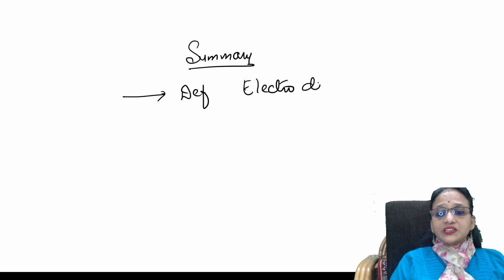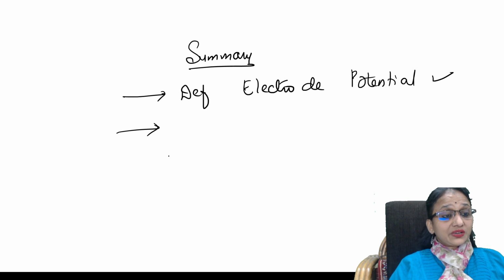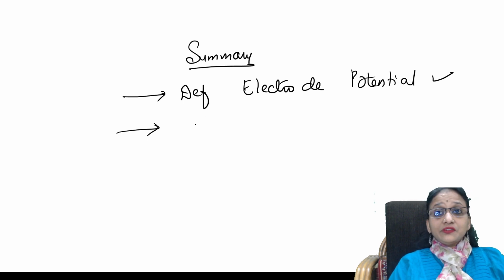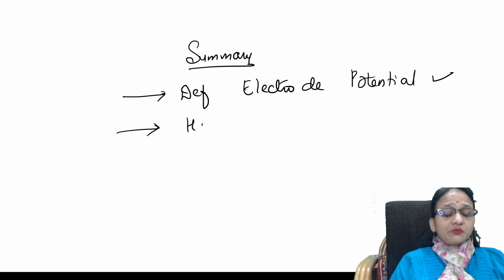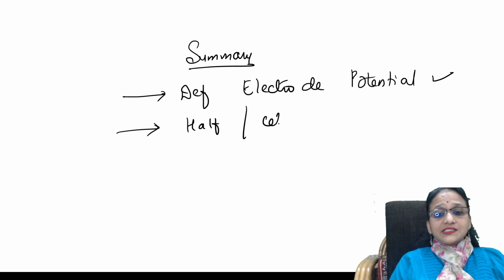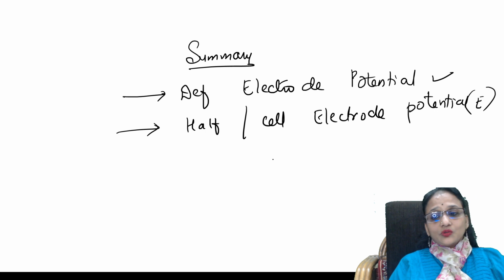Then electrode potential difference, and half cell electrode potential, which is denoted by E. Then oxidation potential and reduction potential.